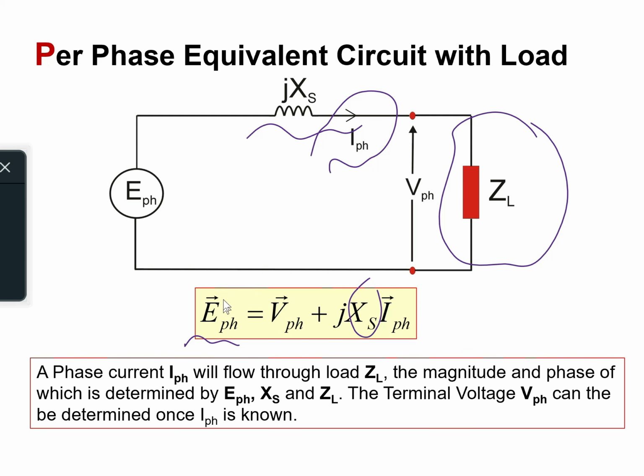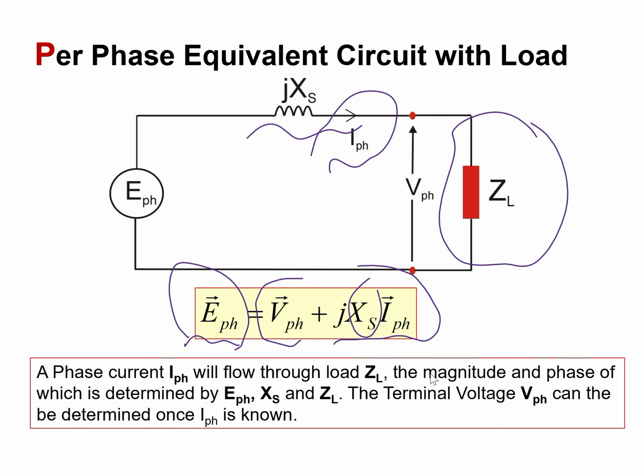So notice that the magnitude and the direction of the phase current is equal to the phasor sum of the phase voltage, which is dropped across the load, and the voltage that is dropped across the inductance reactance.